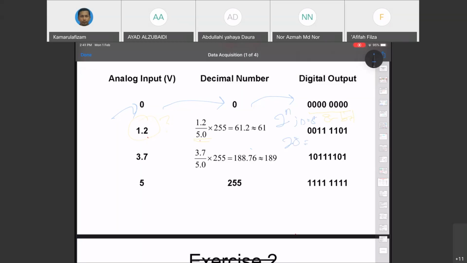Can somebody calculate that for me? Someone? Anyone? 256. 256. All right.